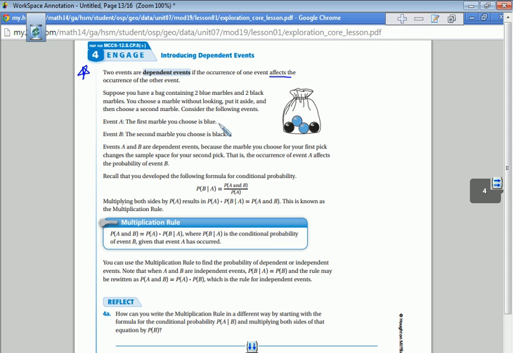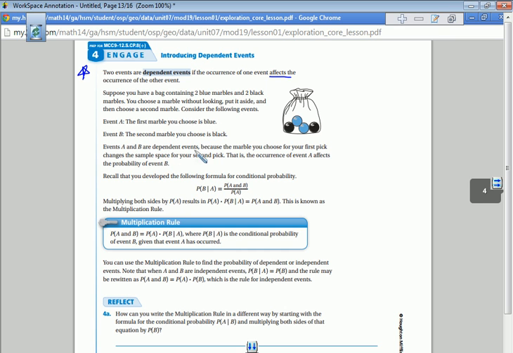So it says, suppose you have a bag containing 2 blue marbles and 2 black marbles. You choose a marble without looking and put it aside, and then choose a second marble. Consider the following events. Event A is the first marble that you choose is blue, and event B is the second marble you choose is black.